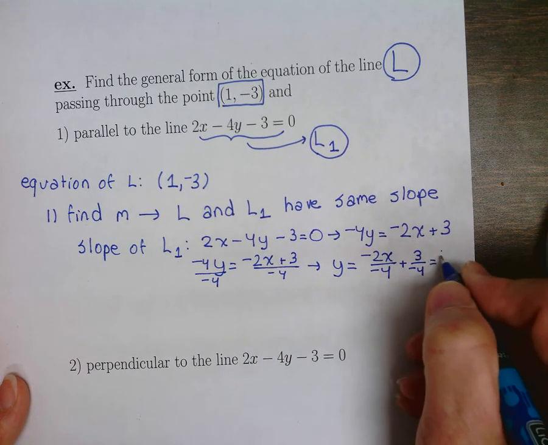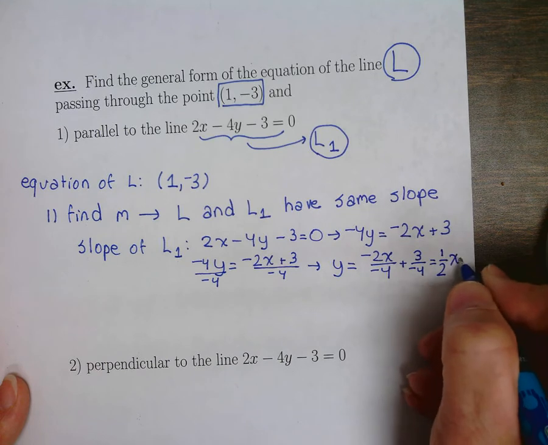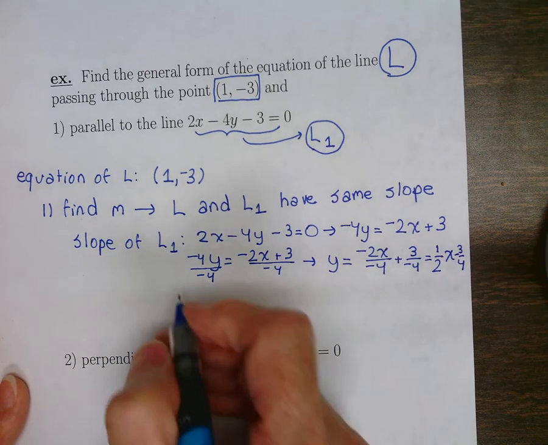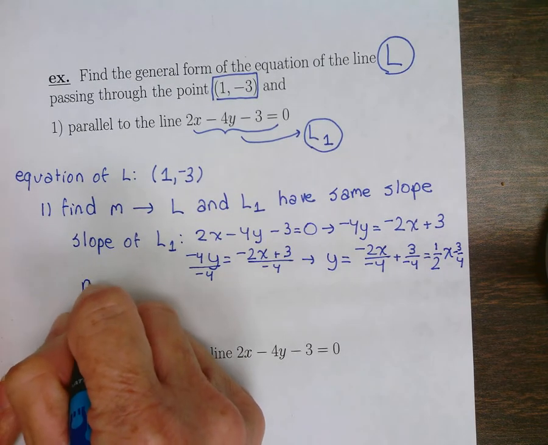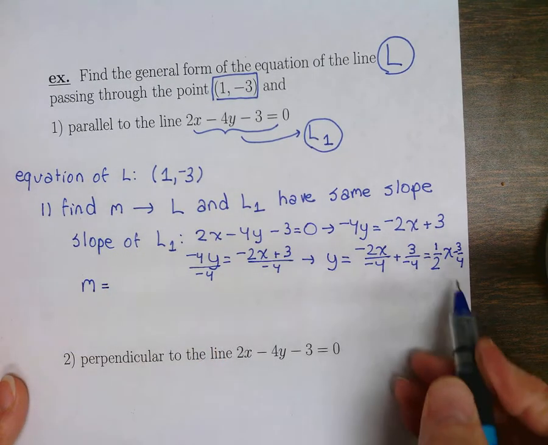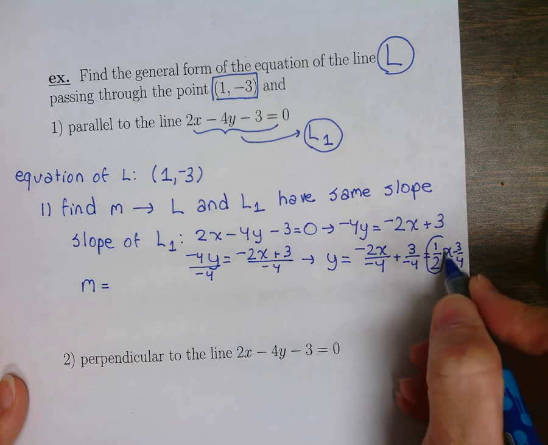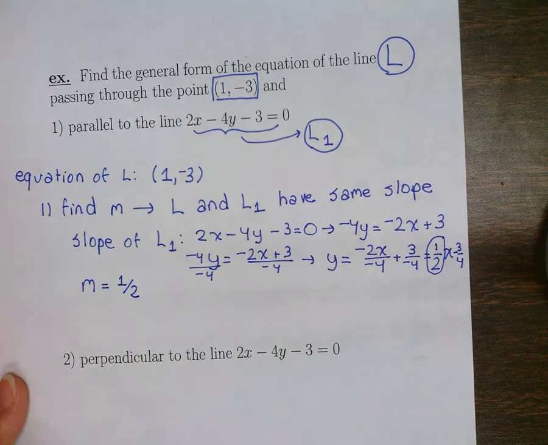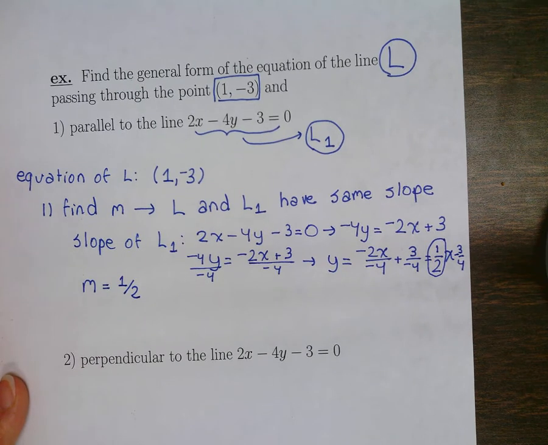So that's 1/2 x minus 3/4. So what's the slope of L1? It's 1/2 because I've put the line in slope-intercept form.